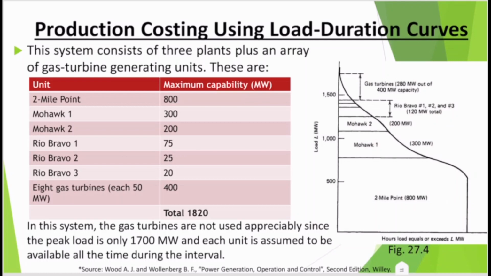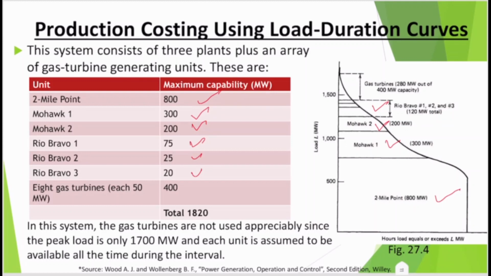So what you have done: the first 800 used, then the next 300 used, next 200 used, next 120, okay, 75, 25, 20, all used, and the rest 400 is available to me, but I need only 280 for this example, because 800, 300 is 1100, 200 is 1300, 1420.